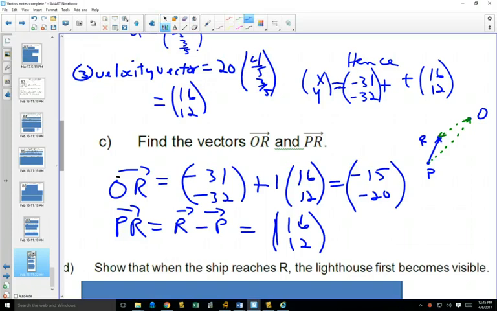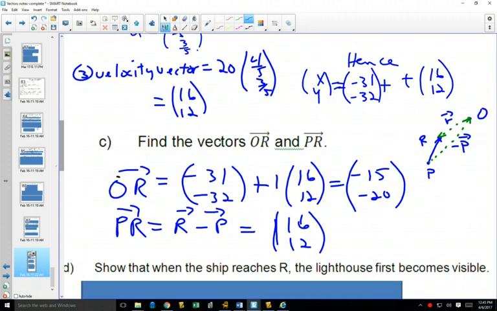As far as our vectors are concerned, P to O is the same as negative P, and O to R is just the same as R. So P to R will just be R minus P.